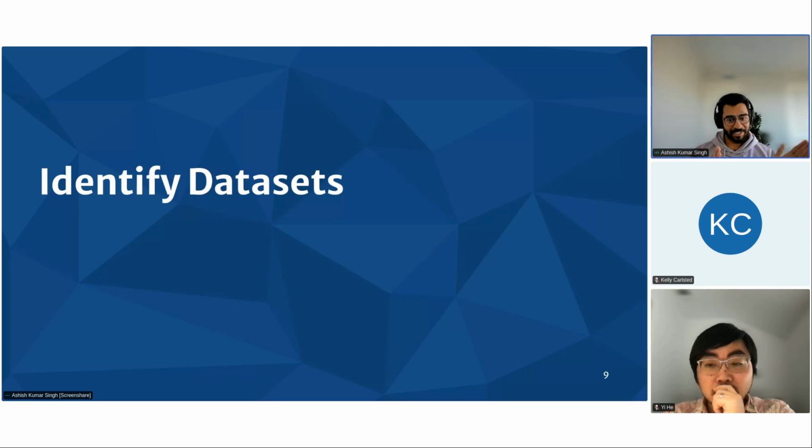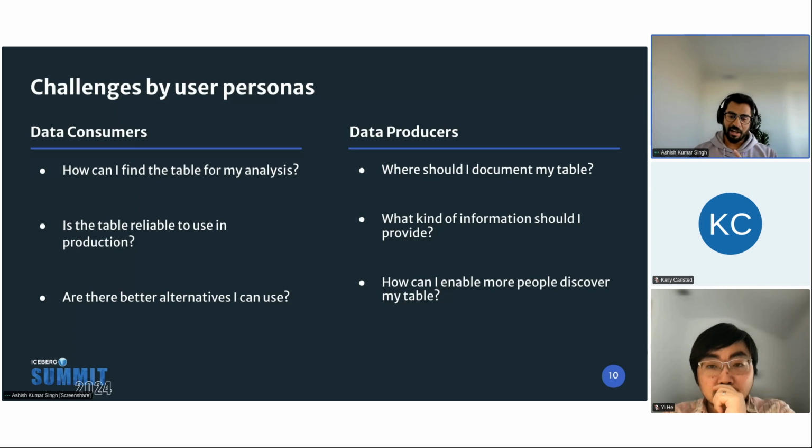So the first stage is identifying data sets. Here, we can think about this problem from two different personas, data consumers and data producers. Data consumers, which is the role most analysts assume, usually ask questions like, how can I find the table for my analysis?